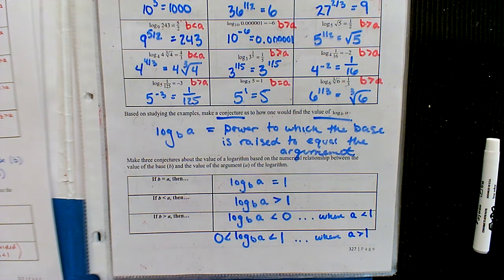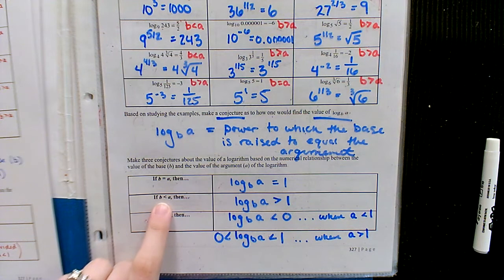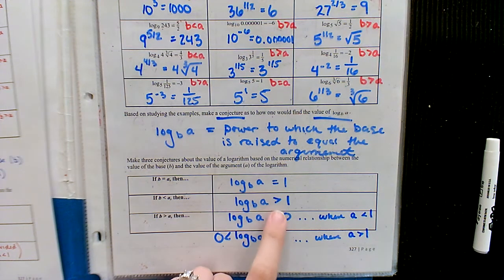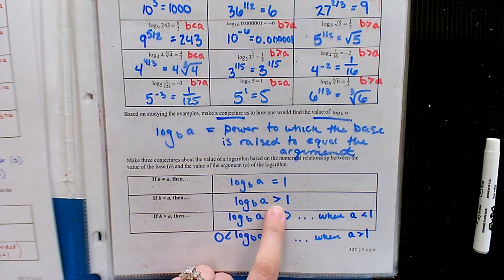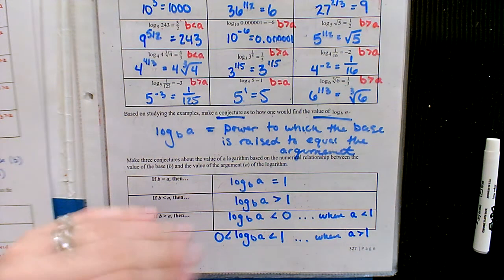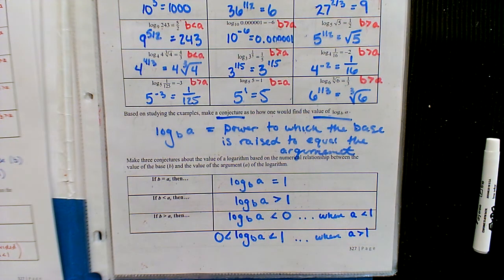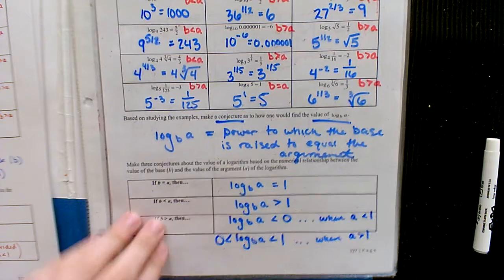I'm not saying we have to recognize these properties or memorize them, but it is a way for us to essentially check our work. For instance, if the base is smaller than the argument, clearly our log should be bigger than 1. Okay, the power would have to be bigger than 1. So these are just some connections or relationships that are at least noteworthy.